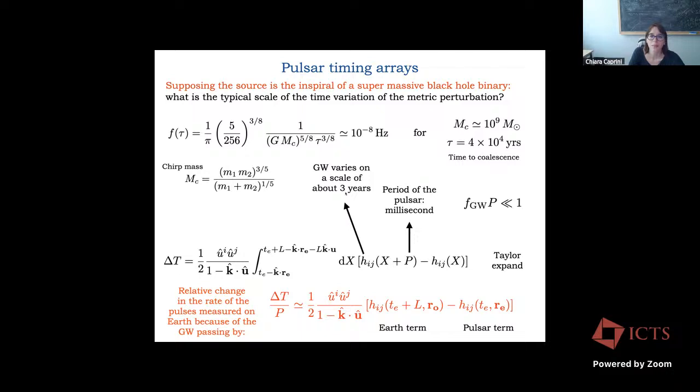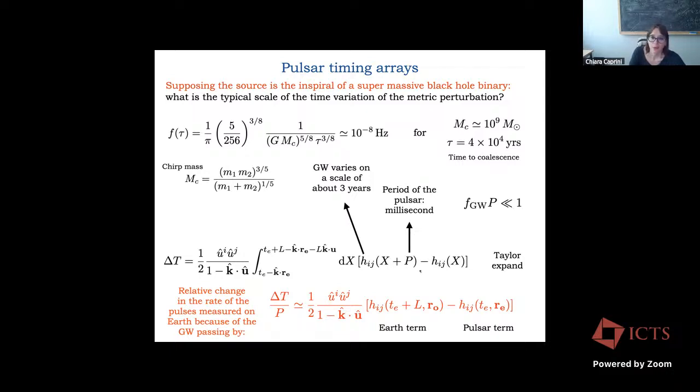So that's the typical time variation of Hij, while p here is the period of the pulsar, which is a millisecond. So the pulse is emitted each millisecond. It appears obvious that this combination, the frequency of the gravitational waves times the period of the pulsar, is much, much smaller than 1.